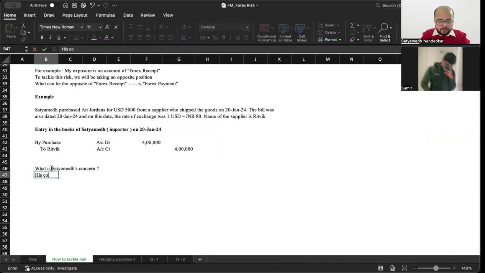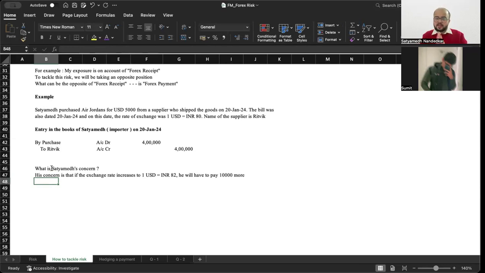His concern is that if the exchange rate increases to $1 equal to INR 82, he will have to pay 10,000 more.